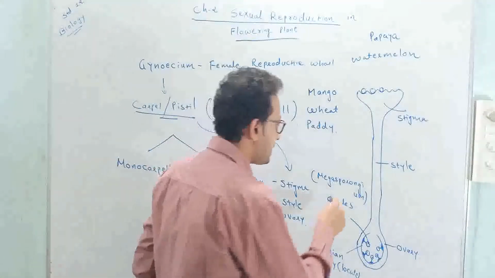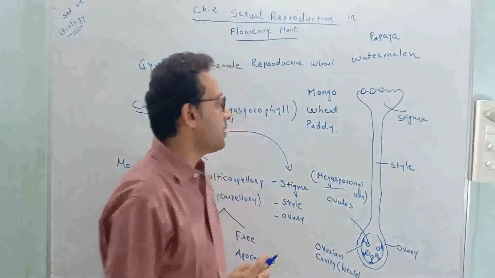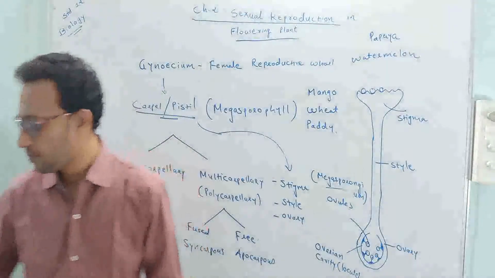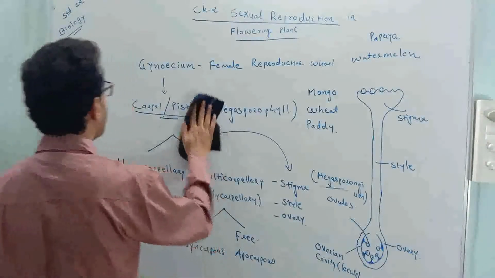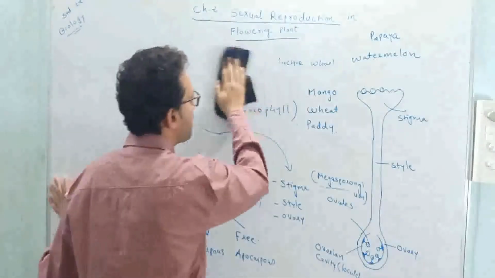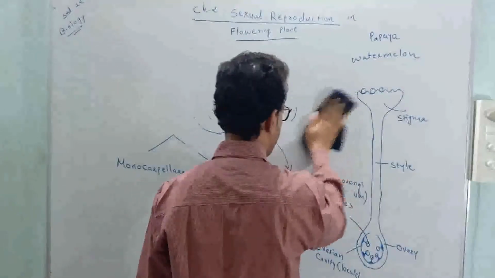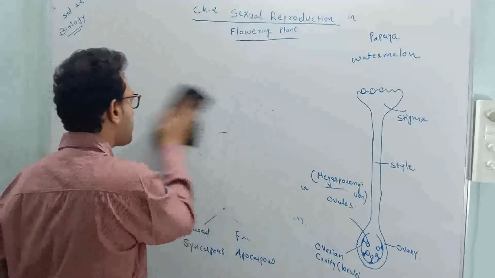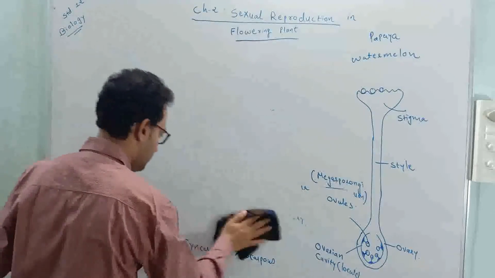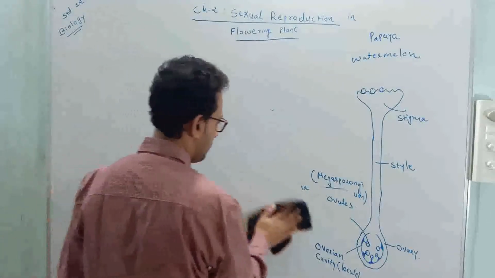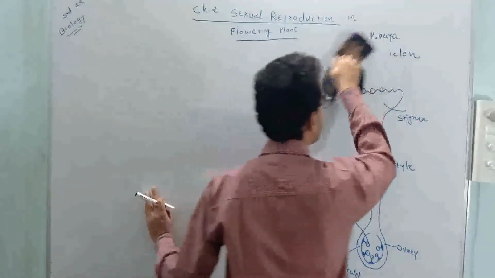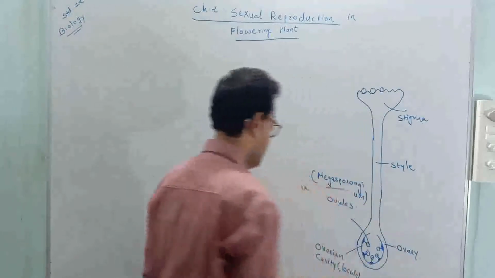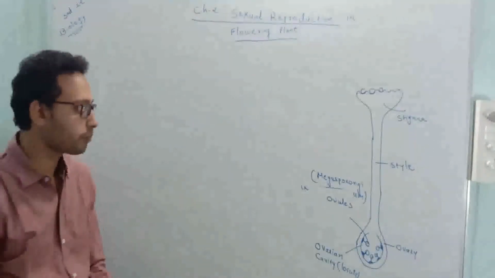So now let's discuss the structure of megasporangium, or we also call it an ovule.